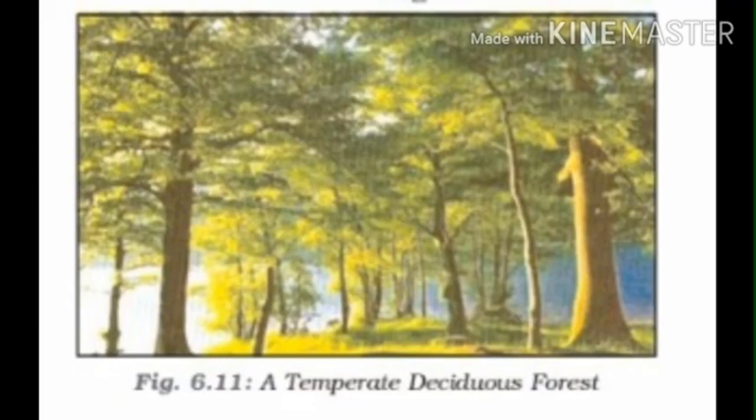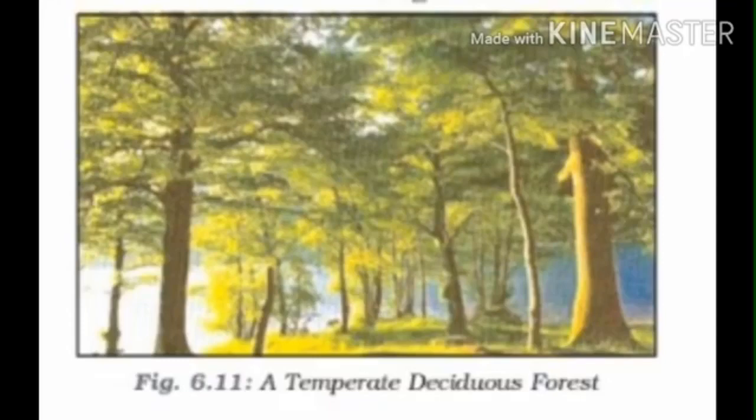Next, the second type is tropical deciduous forest. Tropical deciduous forest is also called what, children? Tropical monsoon forest. In this kind of forest, trees do not shed their leaves. Isn't it? Is it correct? No, children.